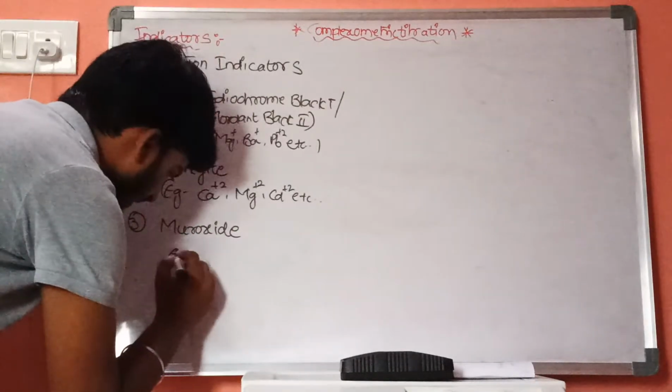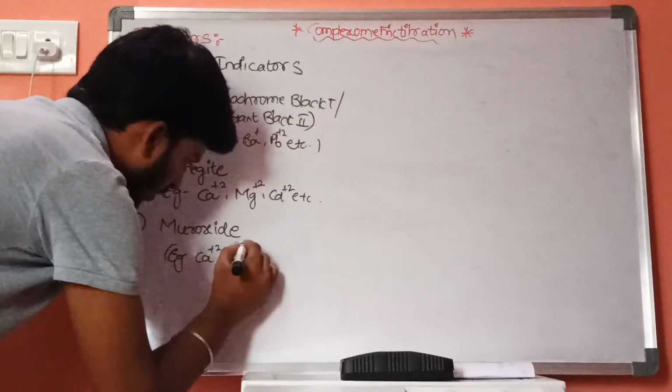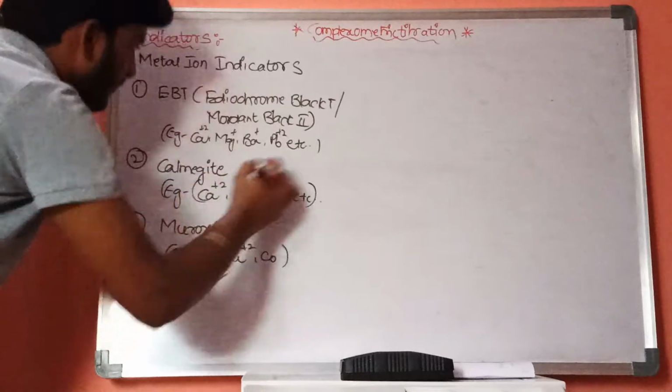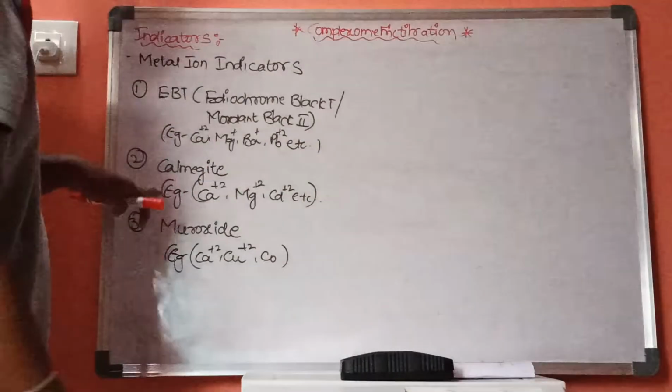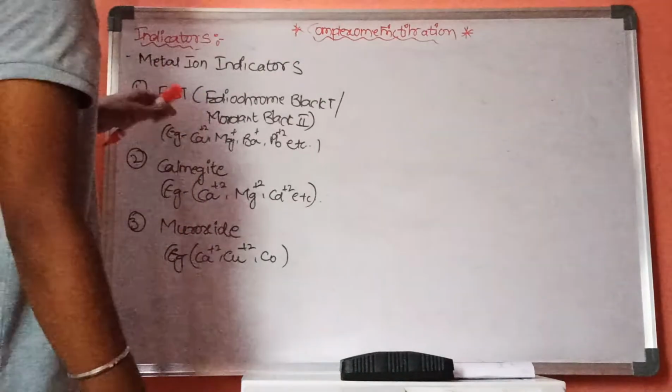It is helpful for detection of calcium, copper and cobalt. These are the three types of indicators which are used in complexometric titrations.